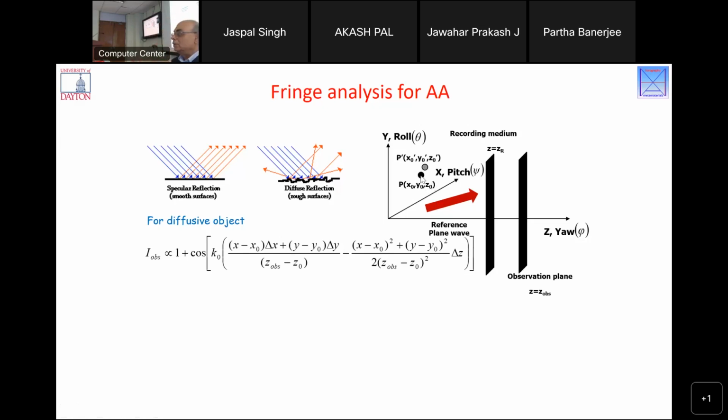So what is that going to give you? That's going to give you a set of Fresnel zone plates, that kind of thing. And the final hologram, if you wish to call it, is a combination of all of these zone plates from every point on the object.